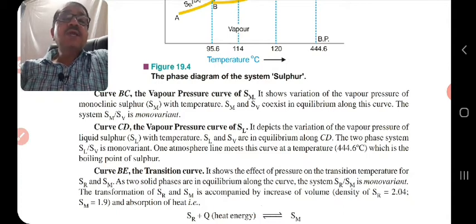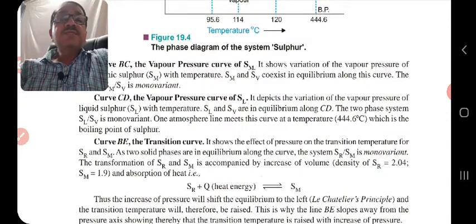As two solid phases are in equilibrium along the curve, the system SR and SM is monovariant. The transformation of SR to SM is accompanied by increase of volume. Density of SR is 2.04 and density of SM is 1.9, and absorption of heat, that is SR plus Q is in equilibrium with SM.